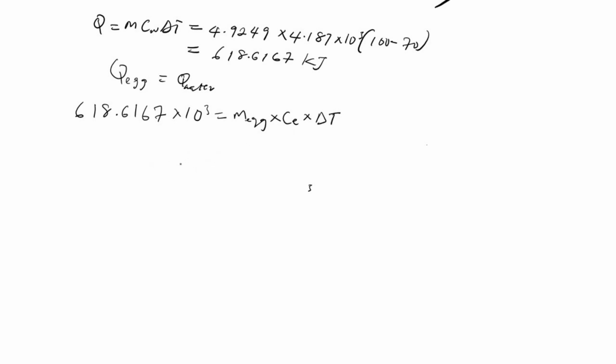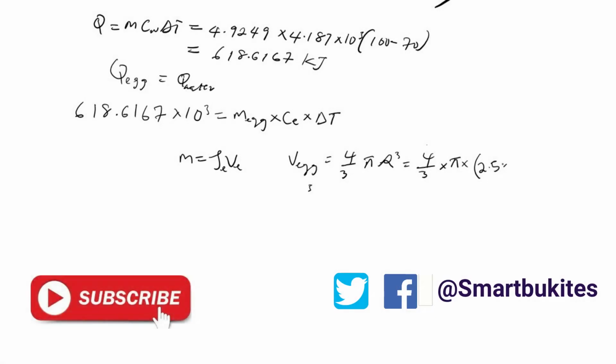So the mass of the egg is the same thing as rho v, which is density multiplied by the volume of the egg. So volume of the egg is equal to 4/3 pi r cube, which is equal to 4/3 pi times the radius of the egg, which we calculated to be 2.5 times 10 raised to the power of -2, cubed.